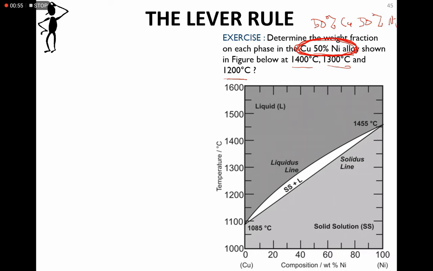Look at this graph. This is copper and this is nickel. All these values belong to nickel. So make a straight line at 50% nickel.